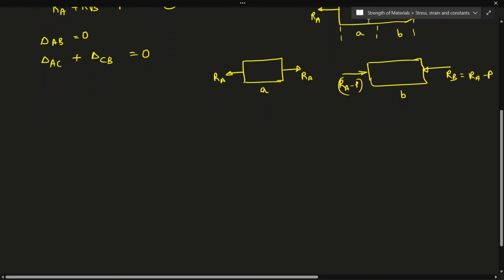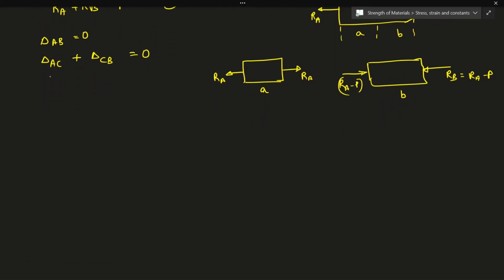Right, so now if I apply the formulas for this, I'll have for AC, which is this free body diagram, I'll have RA into the length is A, sorry, this is capital A, sorry, RA into small a divided by the area into E. Now minus RB, because this is in compression, mind you, RB into the length B divided by A into E will be equal to 0.